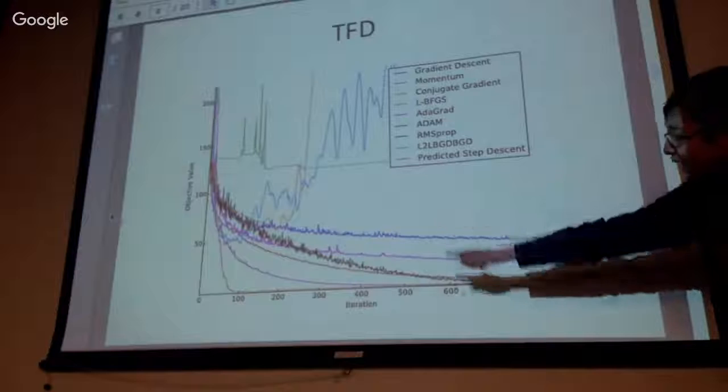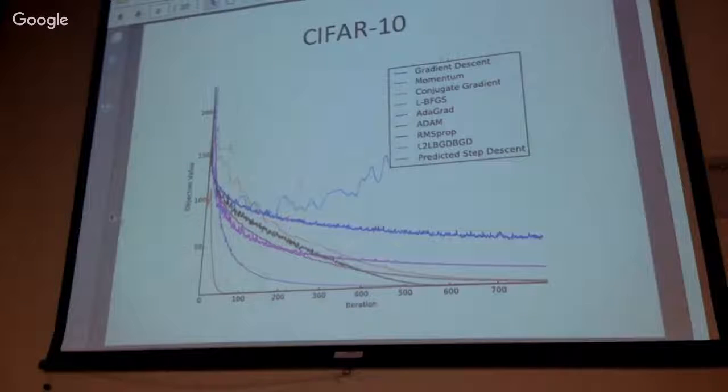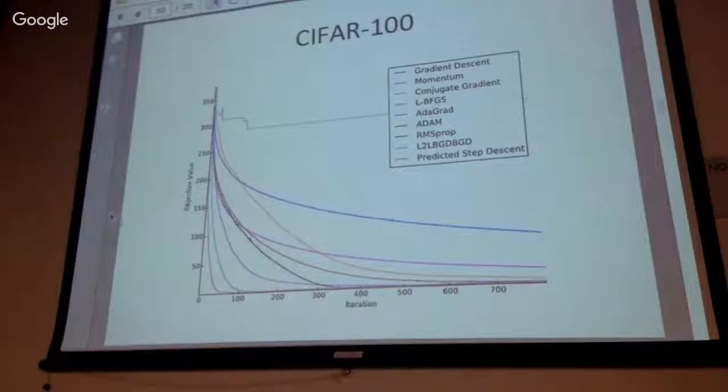Ours is the red line that's down below. So it's actually about 5 times faster than Momentum, and I don't know how much faster than all the other methods. CIFAR-10 is the same thing. And CIFAR-100, for some reason, turns out to be simpler, so all the methods do pretty well. Here, the DeepMind method does work, but our method still does better.